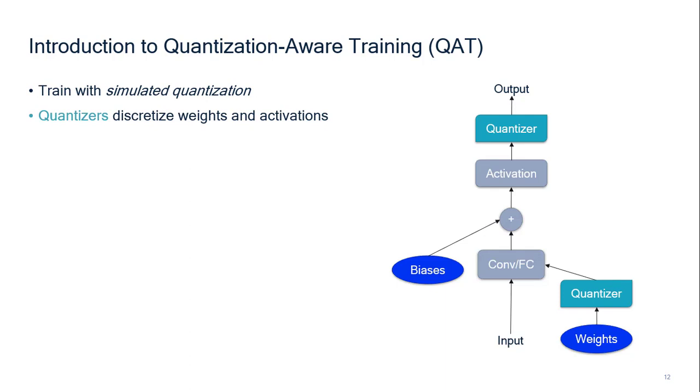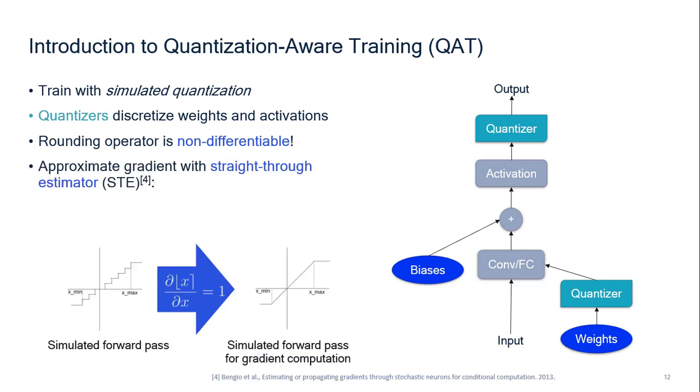So during a forward pass, they're passed to the quantizer, and we use the discretized versions in our forward pass. However, the rounding operation is non-differentiable. So to still allow optimization with gradient descent, the gradient is commonly approximated with the straight-through estimator, or one of its variants. So this just assumes that the gradient of the step function is just a linear function, as you can see in this plot right here.